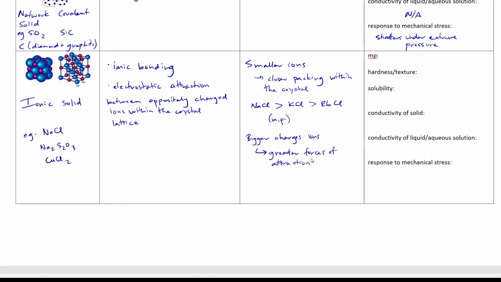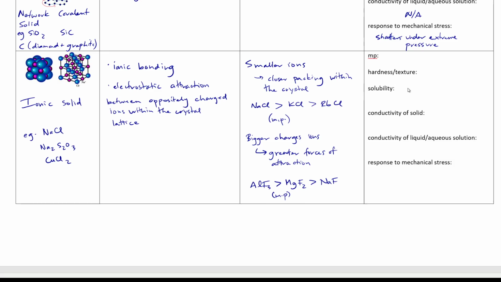So an example of this would be aluminum fluoride with a 3 positive aluminum has a higher melting point than magnesium fluoride, that's a 2 positive charge, which is even higher than sodium fluoride, which is just a 1 positive bonded to a 1 negative. Okay, so the higher charge has the higher melting point.